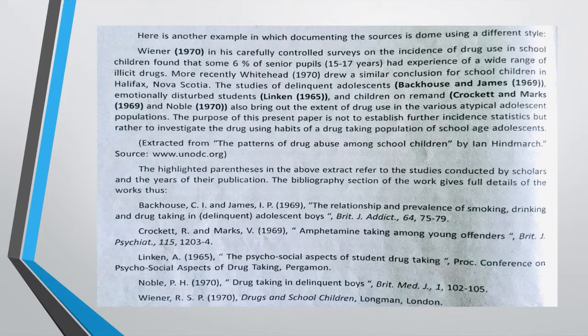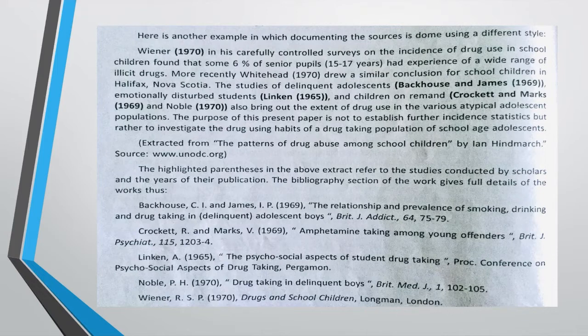Now see another example. This is also from your textbook. This is an extract from The Patterns of Drug Abuse Among School Children by Ian Hinmarch. The highlighted parenthesis in the above extract refer to the studies conducted by scholars and the year of their publication. You can see Vienna 1970, Backhouse and James 1969.